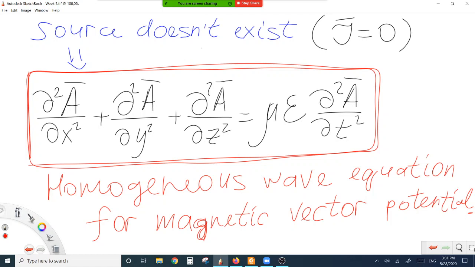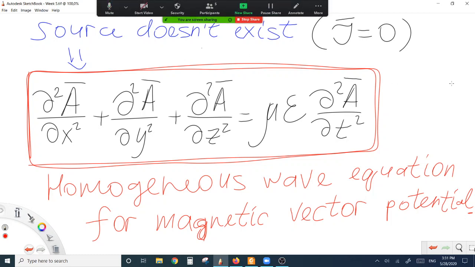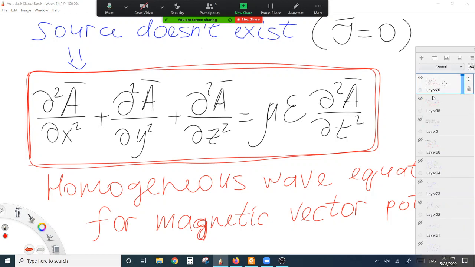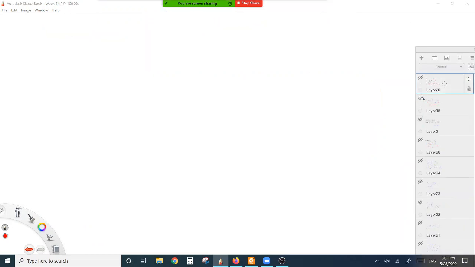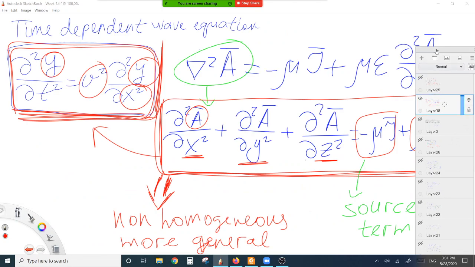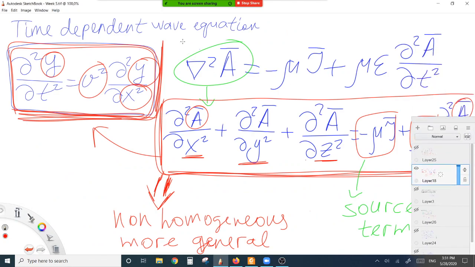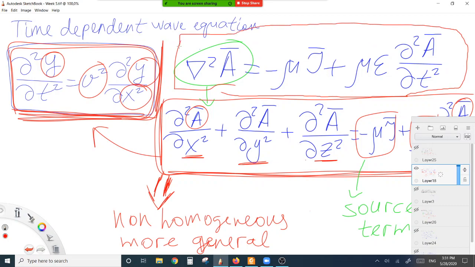Okay, it was not so complicated. From the Maxwell equation we derived the wave equation.